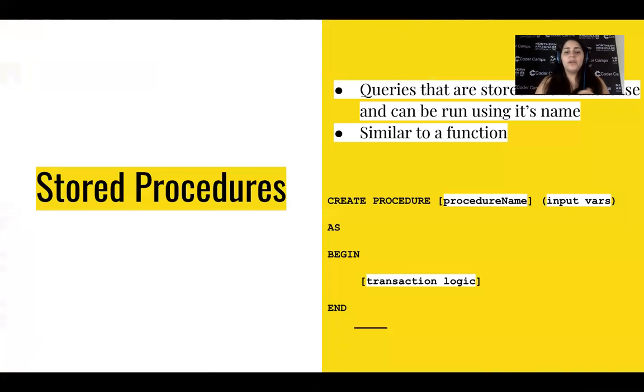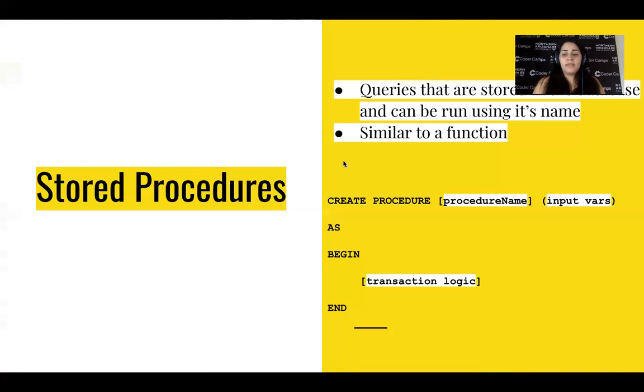So with that, you can create stored procedures. This is kind of the exact same as creating a function like in JavaScript or any other programming language, except it's for SQL. Stored procedures are queries that are stored in the database and can be run using their name. Just like you create a function and then you call on the function by writing out its name, you can do the same thing for a stored procedure.